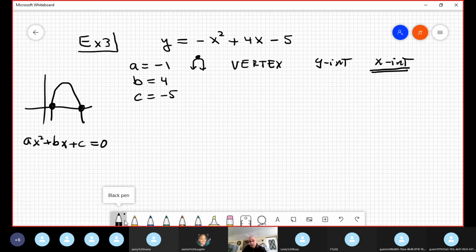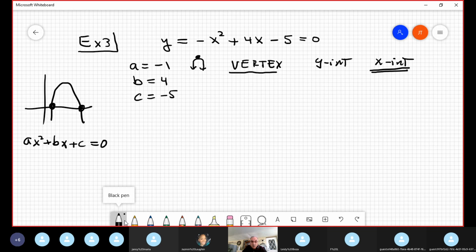Now we generalize the idea. When you find the x-intercept, you put y equal to 0 and solve this quadratic equation.